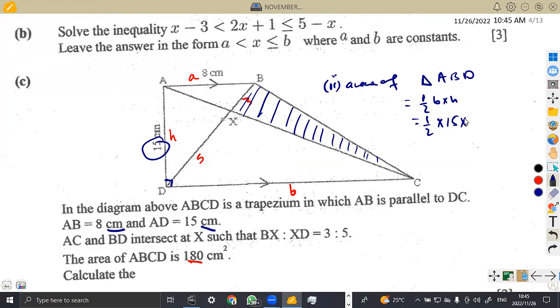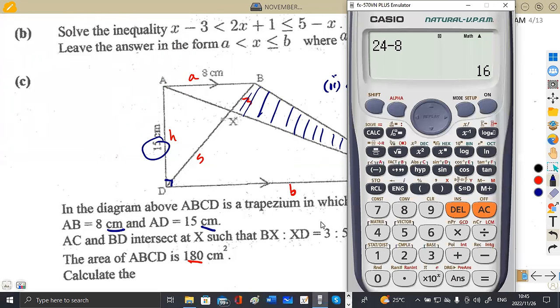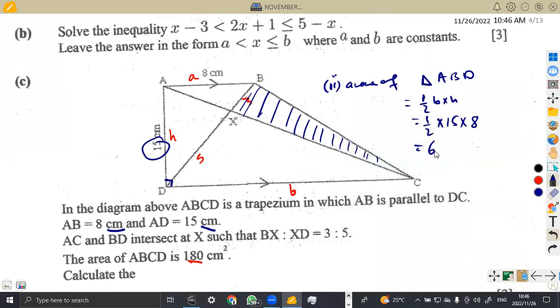I don't know which one is your base, which one is your height, but just multiply those sides. So half times 15 times 8 is 60 square centimeters. So we are having 60 square centimeters on this triangle here.